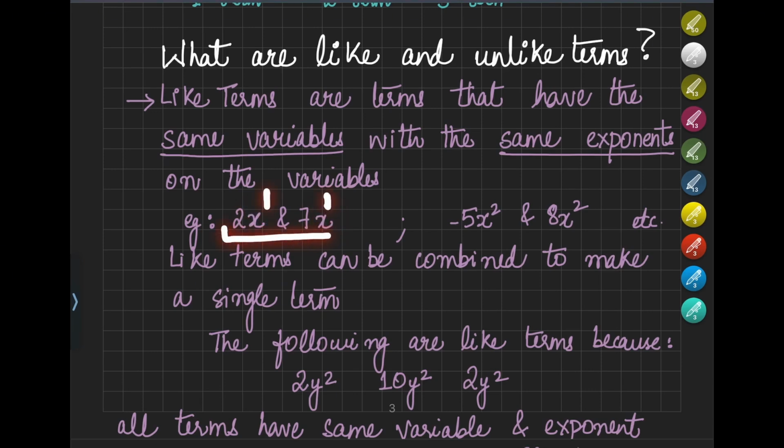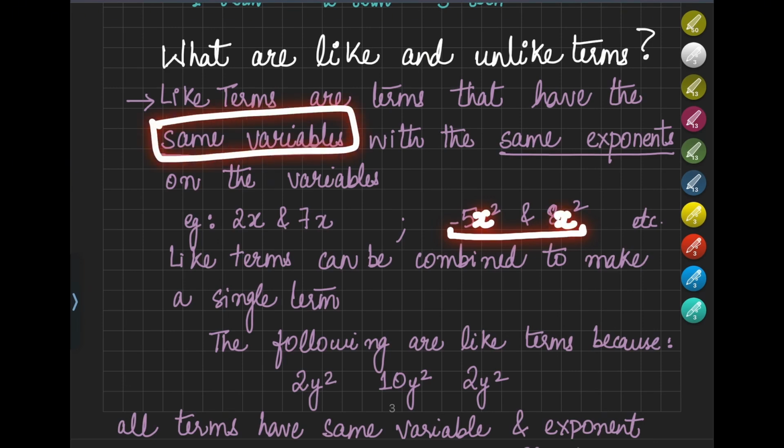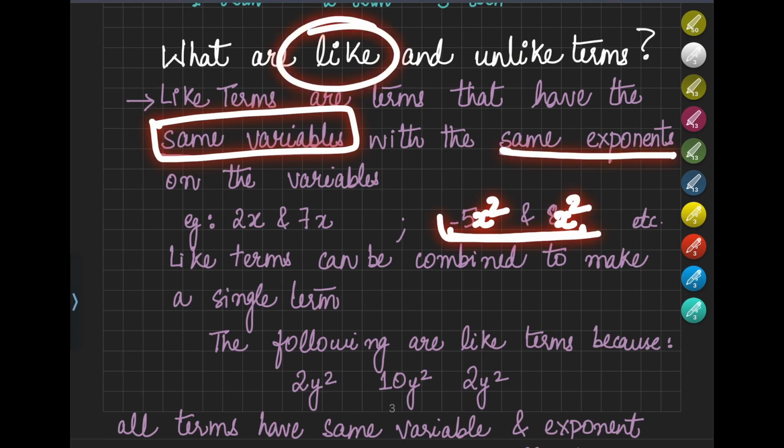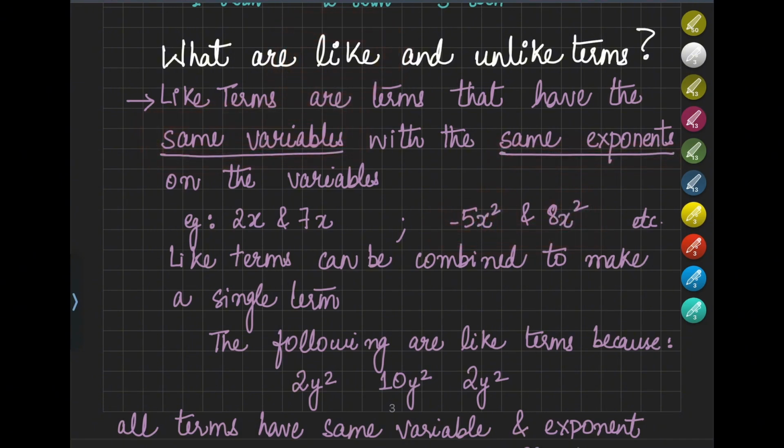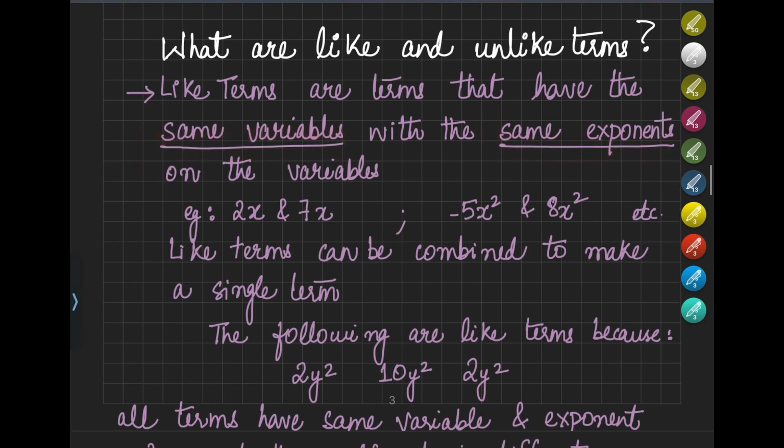So they are considered as like terms. Here also we see that in these two, the same variable x is to the power 2, that means the exponent is the same. So they are like terms. So for any terms to be like, the variables have to be the same and the exponents have to be the same.